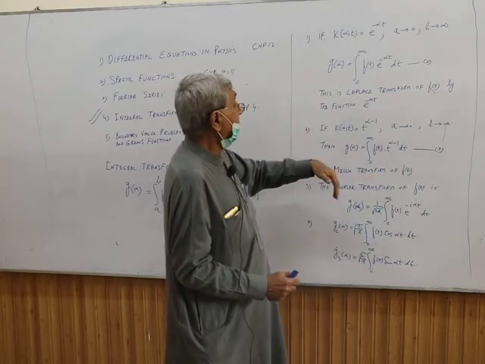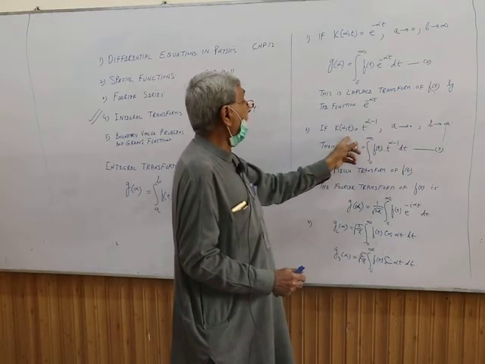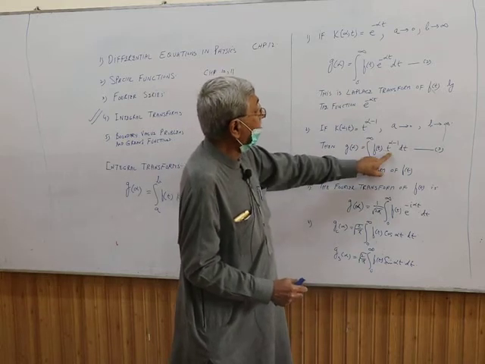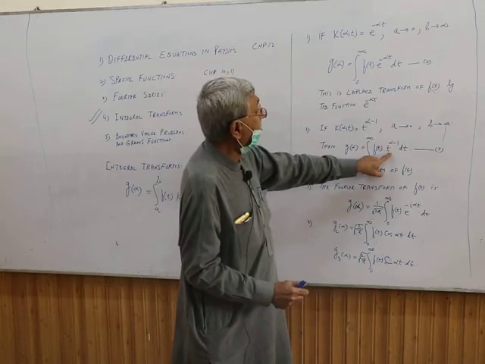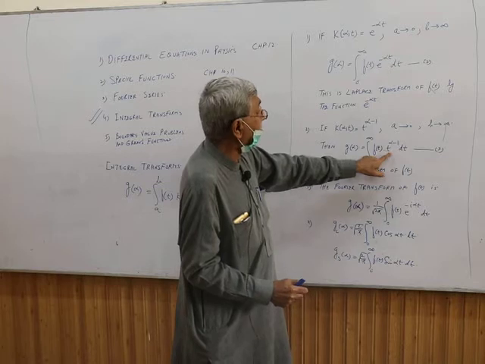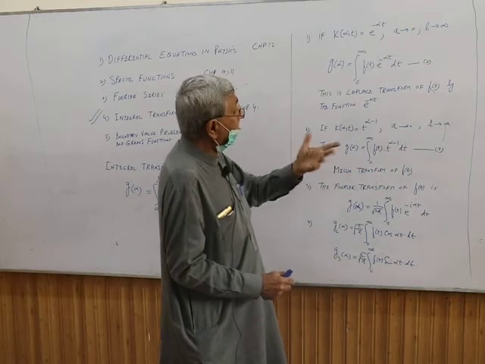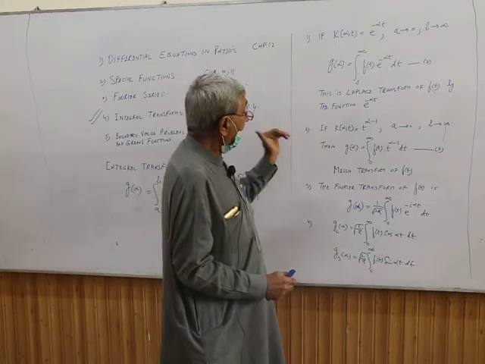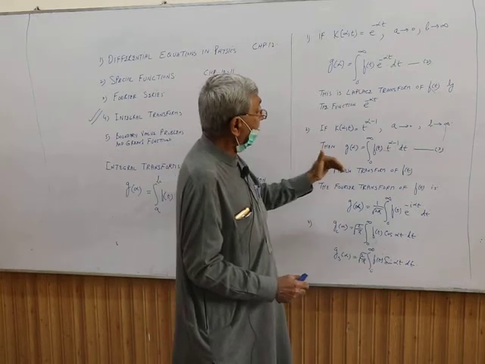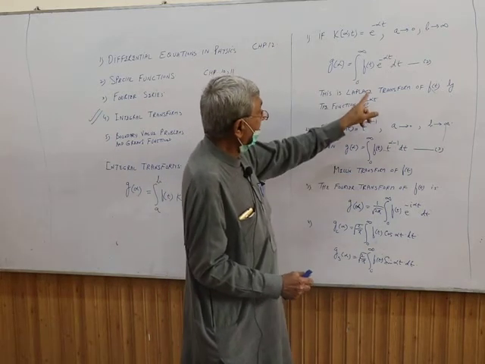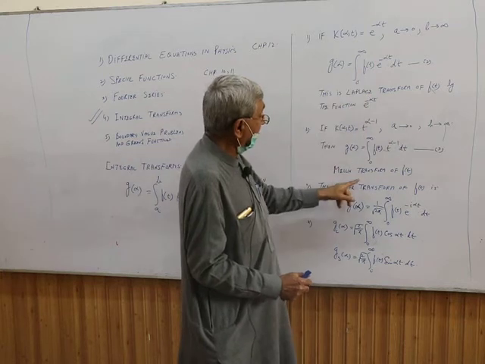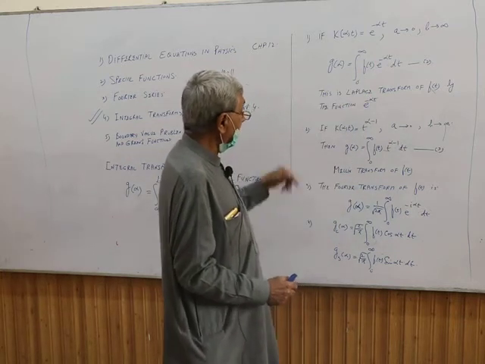It means f(t) is being transformed to g(alpha) with the help of a new kernel function t raised to alpha minus 1. So the transformation will be different, and that is known as the Mellin transform of f(t), because Laplace did this one and Mellin did that one. Both were mathematicians.